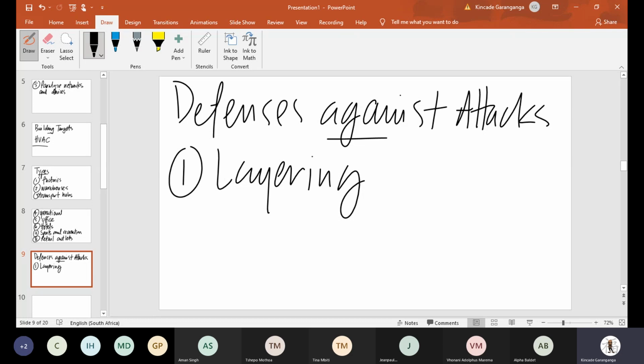This could be an attack, and obviously whatever measures need to be put in place are incorporated. So that's what layering is all about.